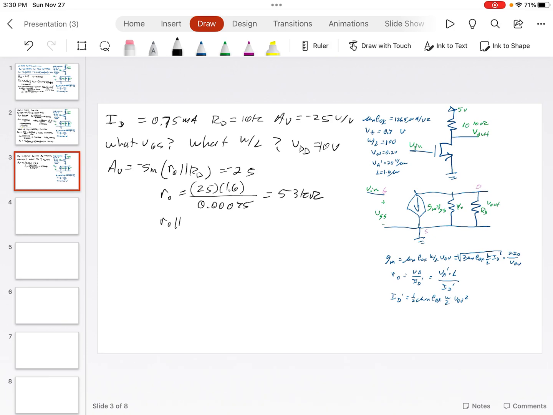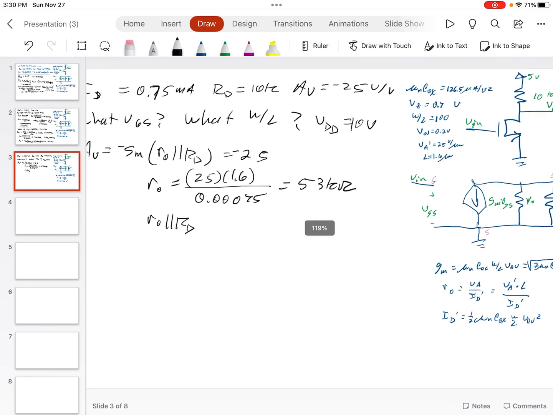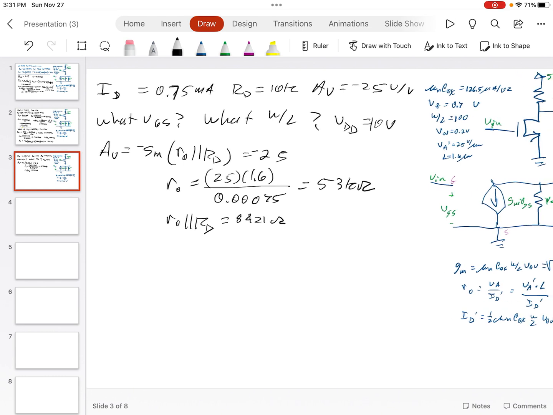Not crazy high, but that would mean that R naught parallel with RD is equal to 1 over 53k plus 1 over 10k, which is 8421 ohms. And we know that GM, so we've got this relationship right here, and we just found this, and we already have this, so we can solve for GM.